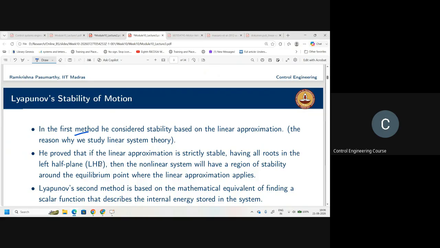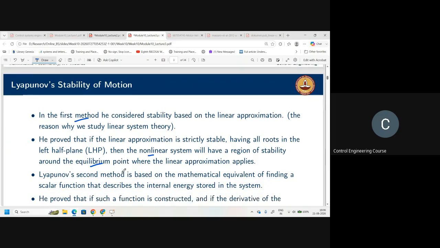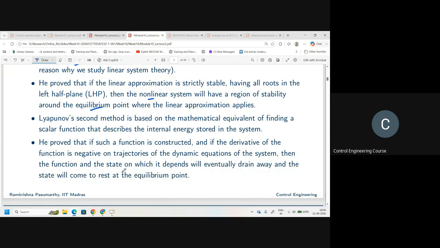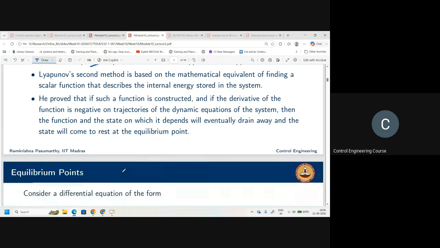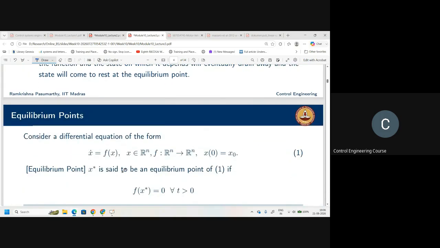I will tell you what the equilibrium point is. Once you linearize the system around the equilibrium point, if you find the poles of that linear system and it is stable, then they say that the nonlinear system around that region is stable. The second method is the energy based method, which you will learn later. It is not required at this point for this course.